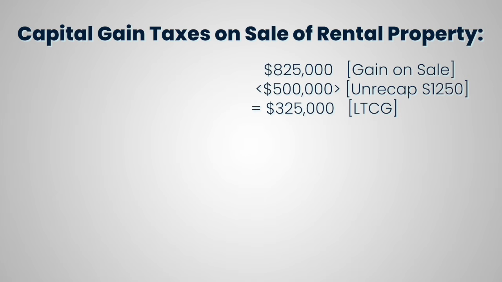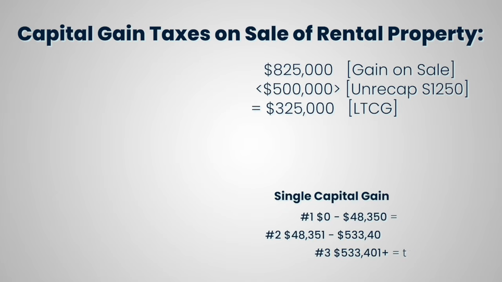Okay, so to summarize the Schedule D tax worksheet, we start with the $825,000 gain, of which $500,000 is unrecaptured Section 1250 related to the depreciation. So that leaves $325,000 long-term capital gain. And so if we look at our capital gain rates for a single filer from earlier, we can see that $325,000 as a total is in the second bracket.